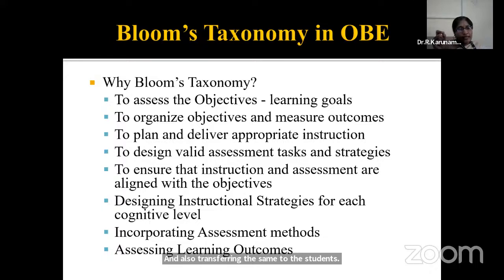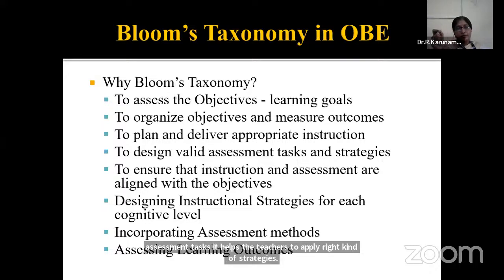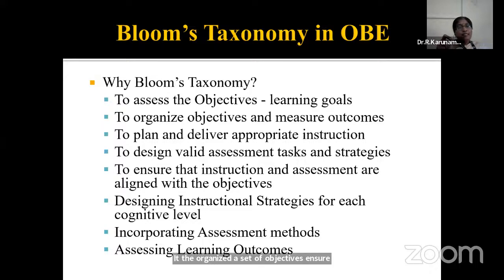Having an organized set of objectives helps the teachers to plan and deliver clear instructions. It helps them to design valid assessment tasks. It helps the teachers to apply the right kind of strategies. The organized set of objectives ensures that the instruction and the assessment are aligned with the objectives.